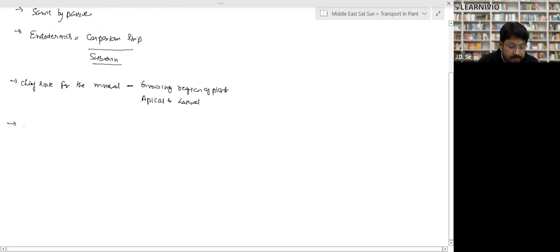So the elements which are most readily mobilized are phosphorus, sulfur, nitrogen and potassium.